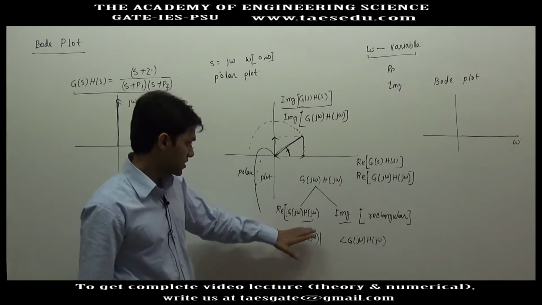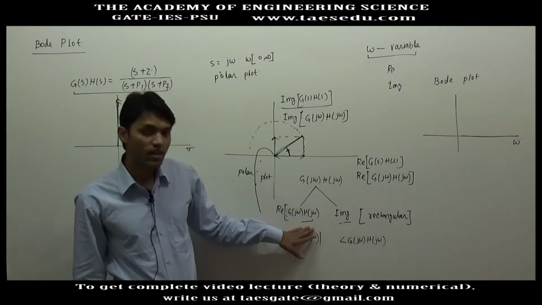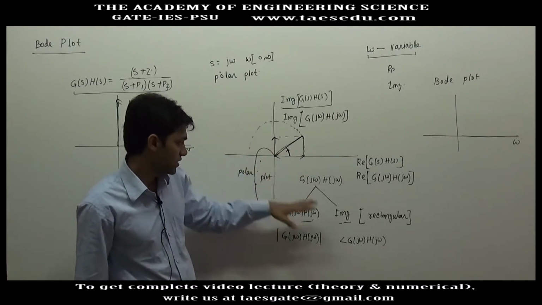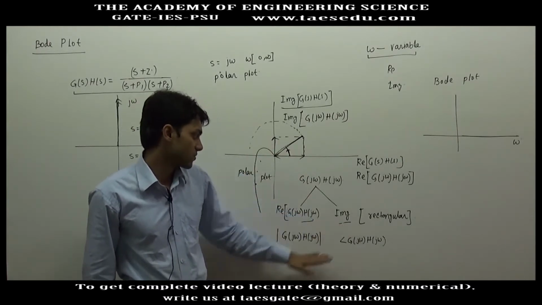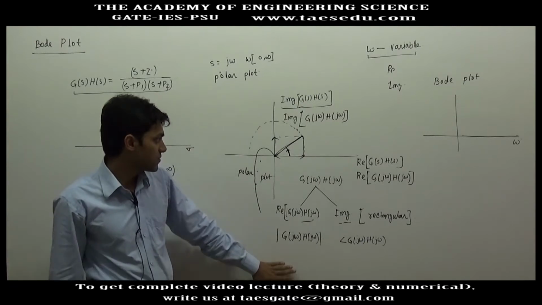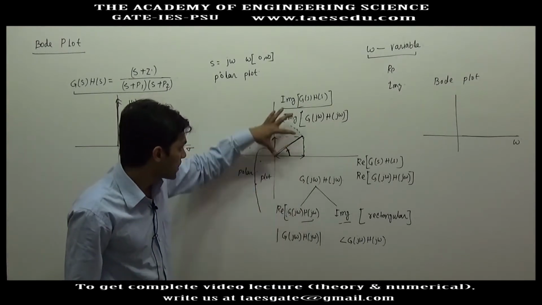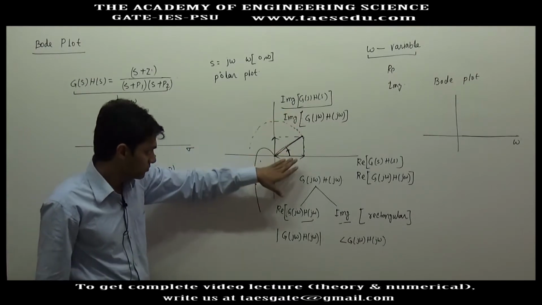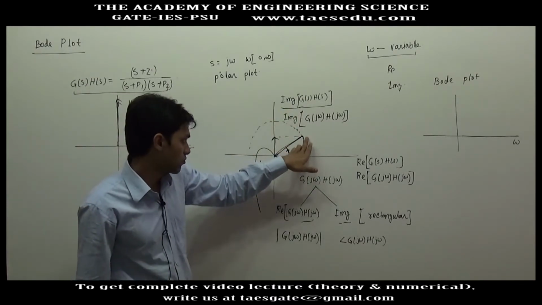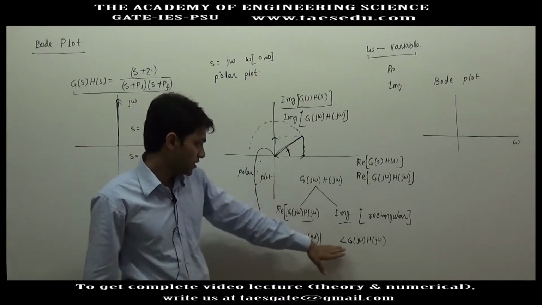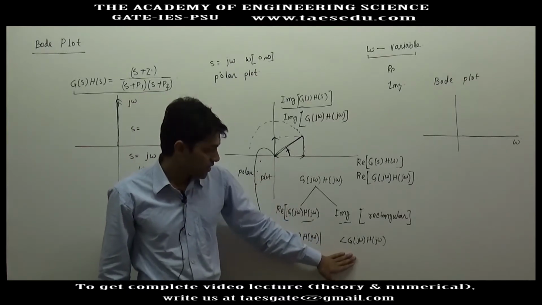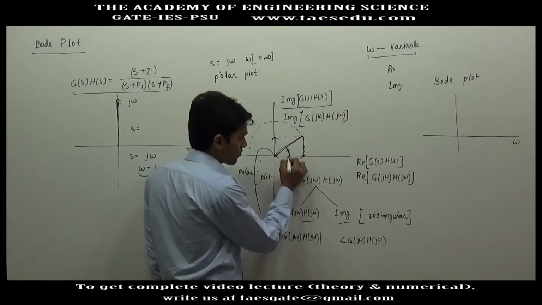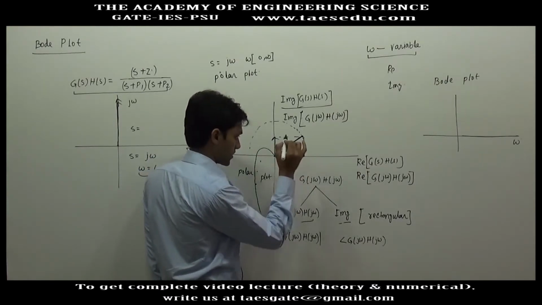So there is one representation in which we take two lengths, one length is this and other length is this, that is rectangular representation. Another way of representation is in which we take one length, that is magnitude, which is nothing but the distance of the point from origin, and the other quantity is angle. Angle will be from x-axis in anti-clockwise direction.